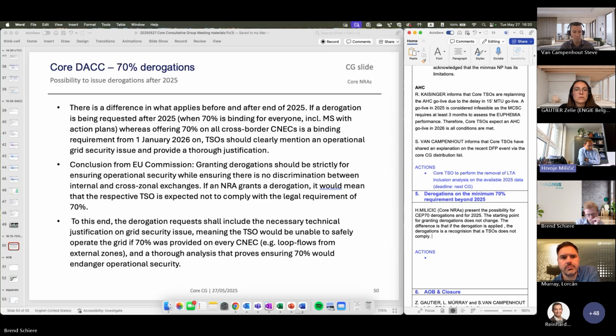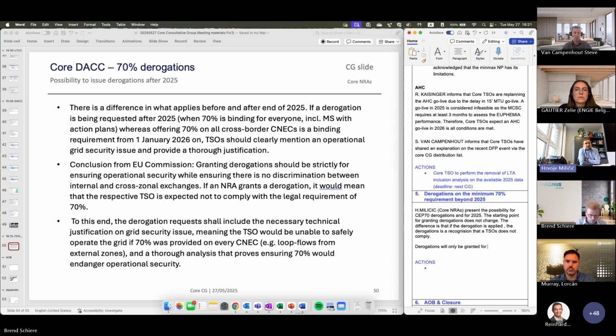So the final conclusion is that it is possible to issue derogations also, we could say, from next year, but they should be strictly for ensuring operational security while ensuring there is no discrimination between internal and cross-zonal exchanges, and derogation requests shall include the necessary justification and the tariff analysis.